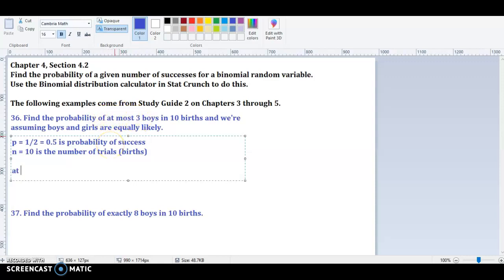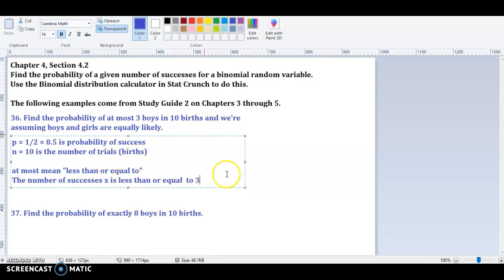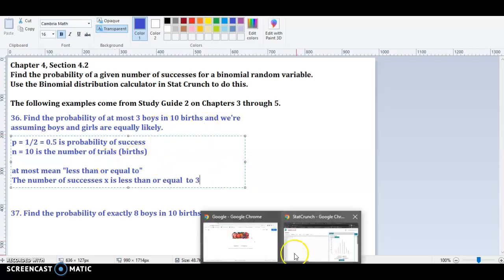The words at most mean less than or equal to. So the number of successes x is less than or equal to 3.